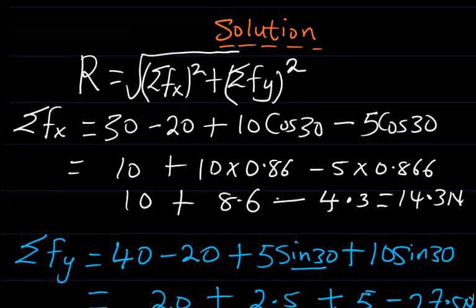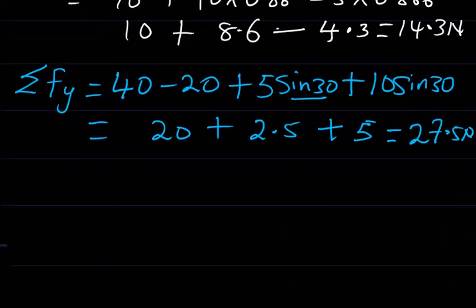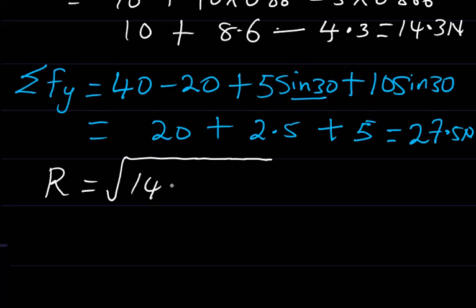So now we can put everything together. The resultant is going to be equal to the square root of the horizontal component squared, 14.3 squared, plus 27.5 squared.